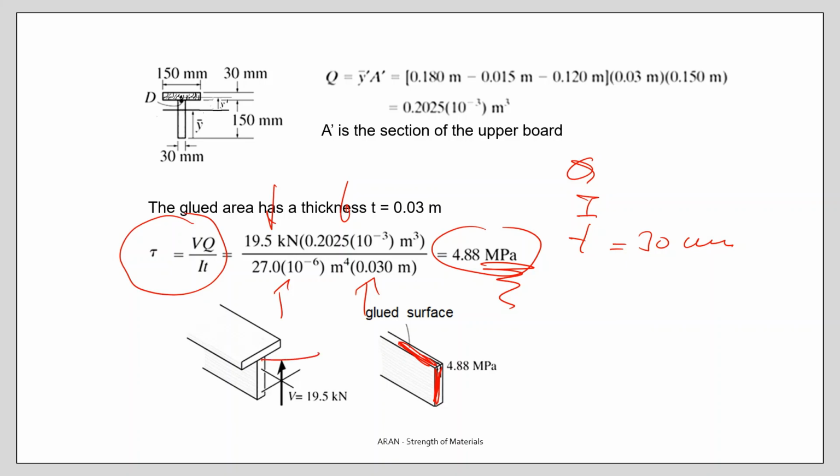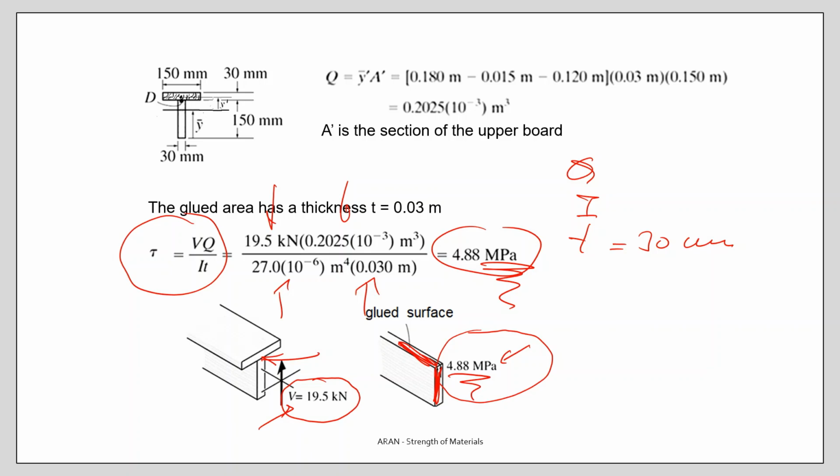This end is the critical point where the shear force is maximum and the shear stress can be determined as 4.88. Your glue must be strong enough to withstand this stress value.